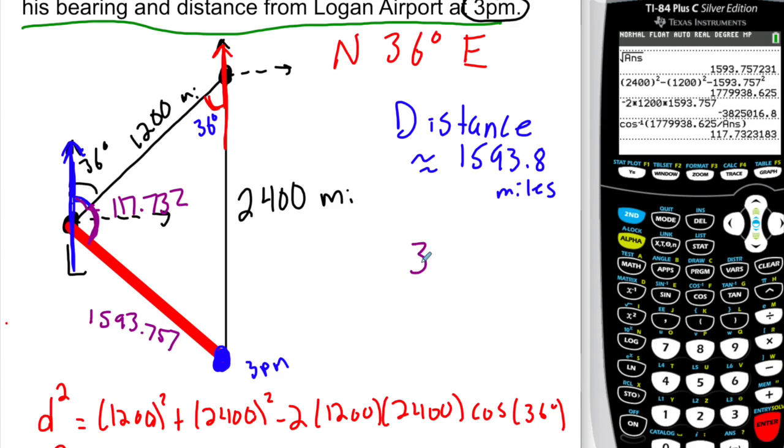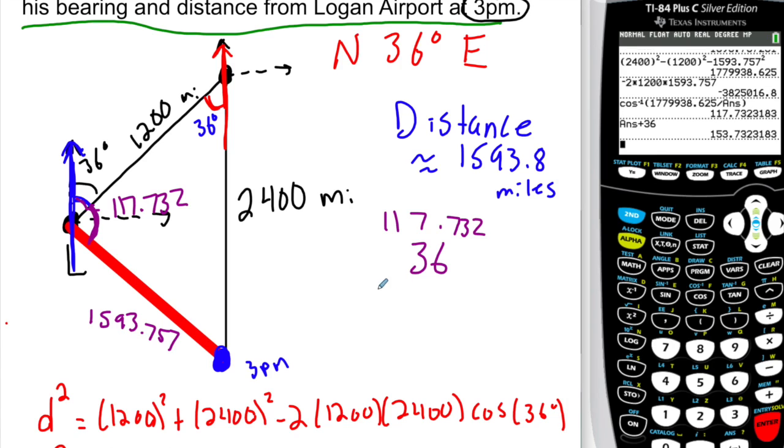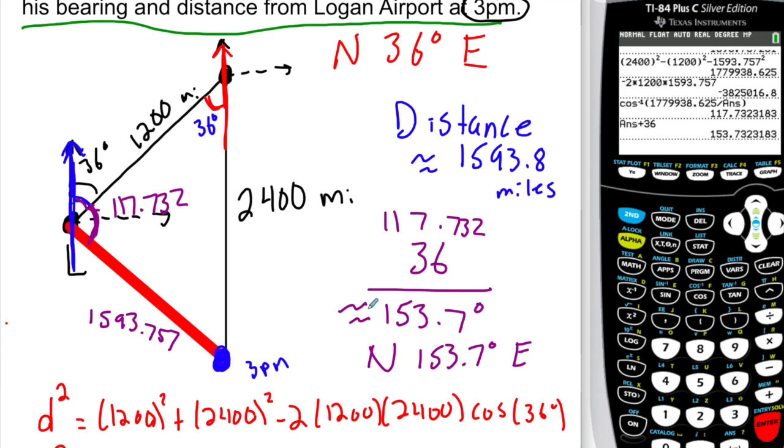So to get the whole thing, I do 36 plus 117.732. So the bearing is 153.7 degrees. So I could write it like that, or I could write north 153.7 degrees east. Either one of these.